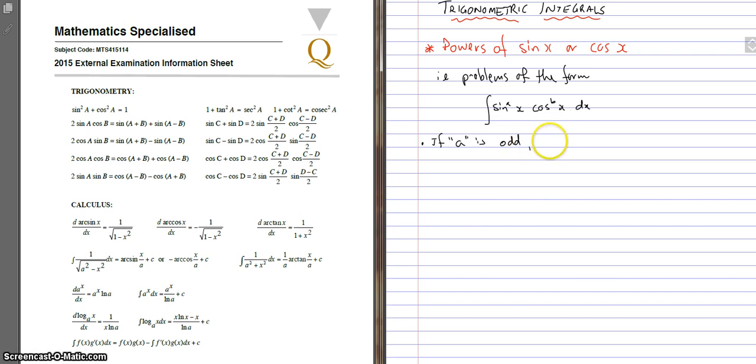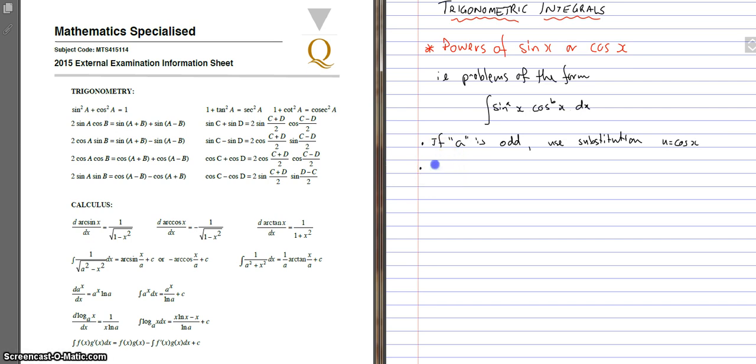what method do we use? We use substitution. It's worthwhile noting these things down, and specifically we use the substitution u equals cos x.